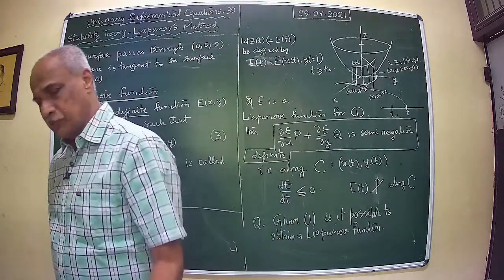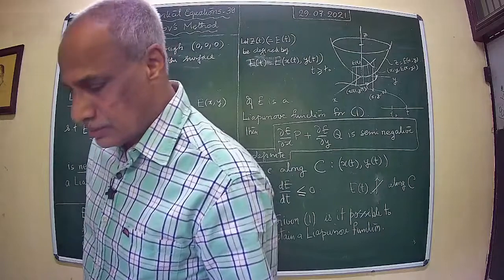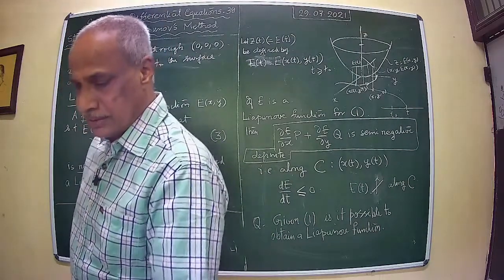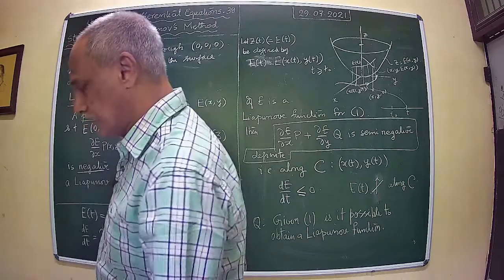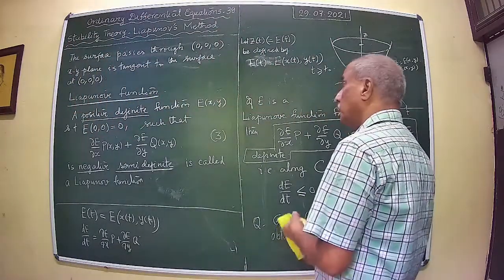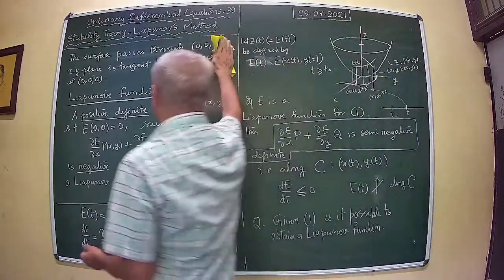Now I am in a position to state the main theorem. Let me state the main theorem and conclude with that, and we will prove the theorem in our next lecture.